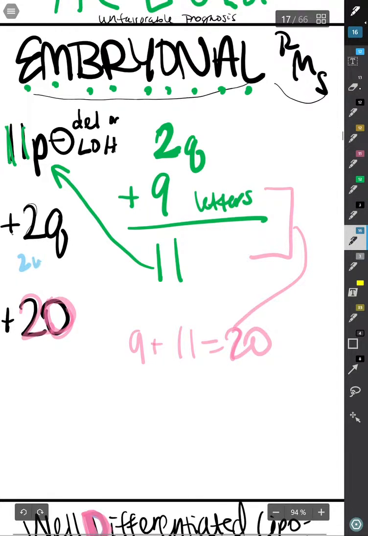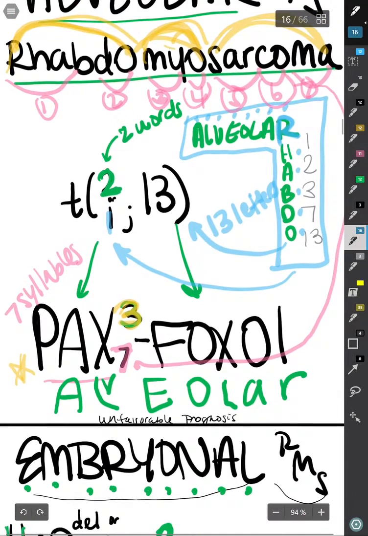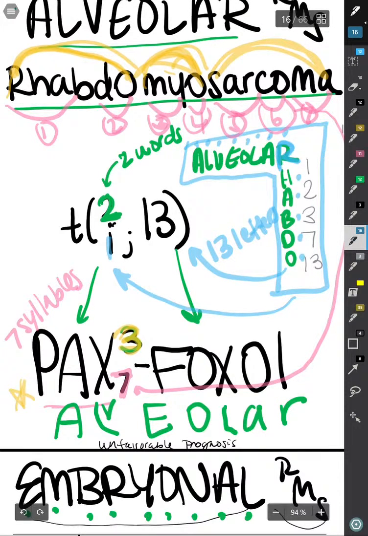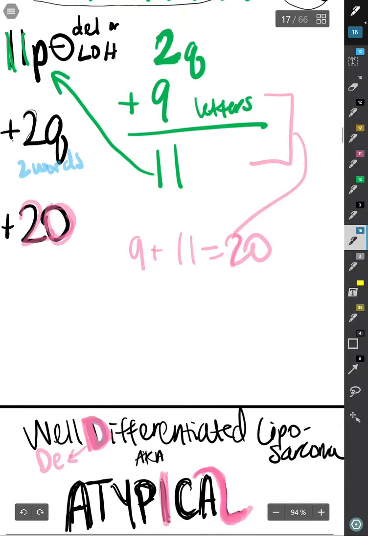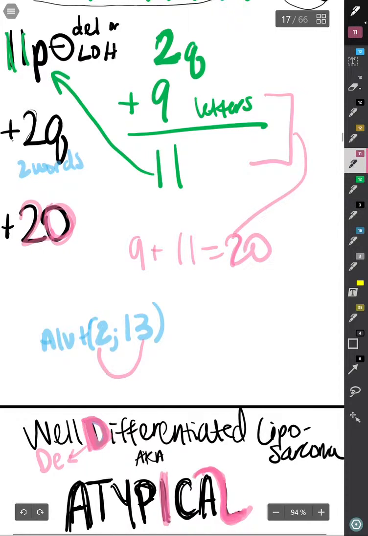So now another way to think of this: remember up here, your alveolar had translocation with 2 being the most common with your 13. So here, if we remember that alveolar is translocation with 2 and 13, in order, 13 minus 2, you get 11, the difference between these two.